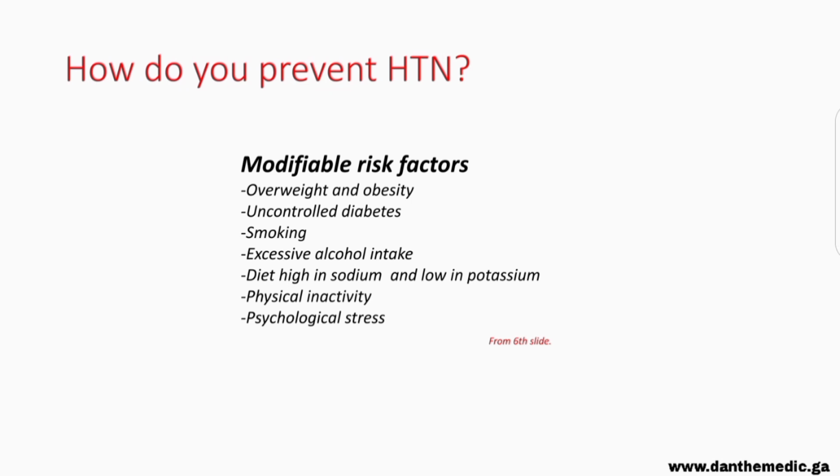So, modification of diet, physical exercise, and also bariatric surgery if the person cannot lose weight. Then also, if the person is diabetic, control diabetes. If the person is a smoker, try to reduce smoking. So basically, you tackle all the modifiable risk factors because these are the ones that are within our control. So these are the ways to prevent hypertension.